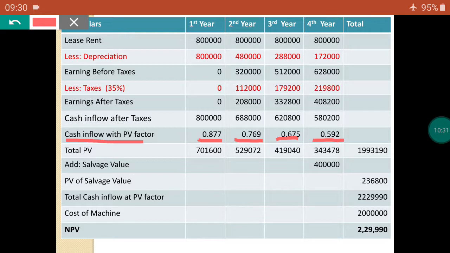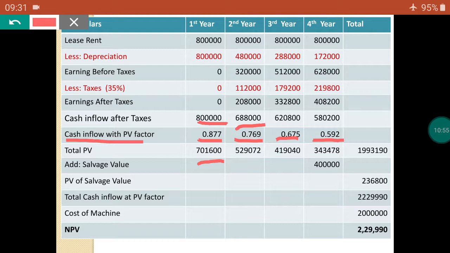Now 8 lakh into 0.877, you can get 7 lakh 1600. Next, cash inflow after taxes 6 lakh 88,000.